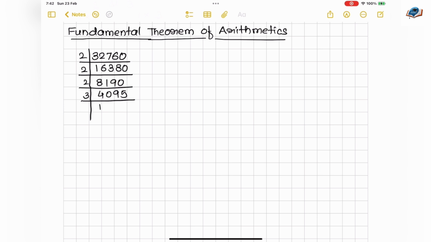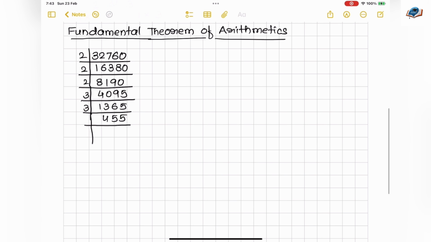So 1365, again with 3, so 455. Now it is not going with 3 as the total is not divisible by 3. Now with 5, so 91. Now with 7, so 13 and 13 over.